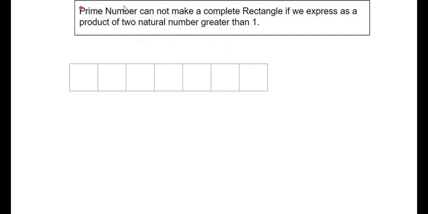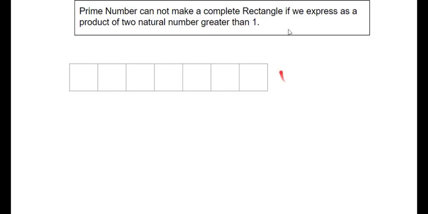Let's see some examples. Prime numbers cannot make a complete rectangle if we express them as a product of two natural numbers greater than 1. Look at this one. This is 7. You have 1, 2, 3, 4, 5, 6, 7 as a prime. We can't express prime numbers as a product of exactly two numbers.